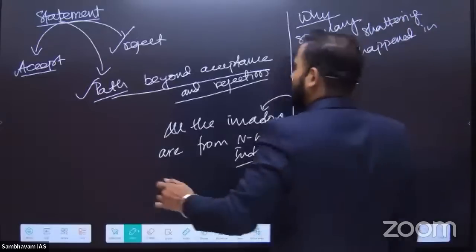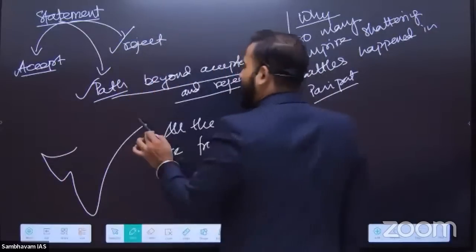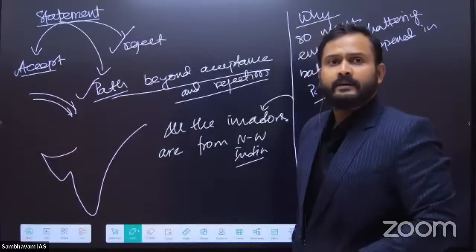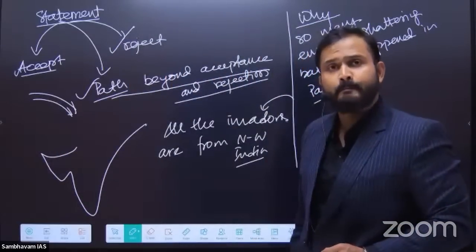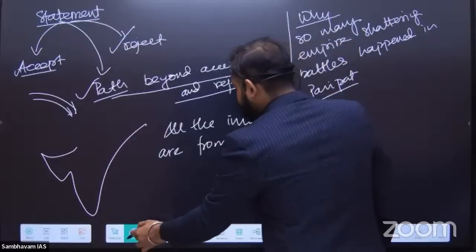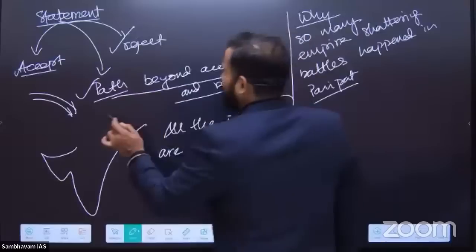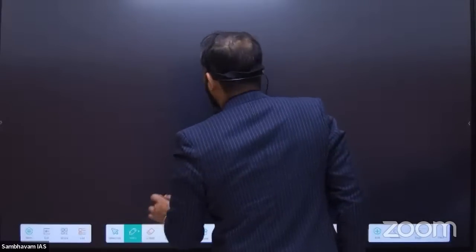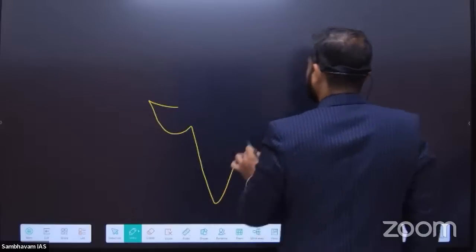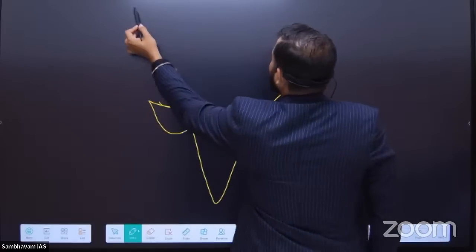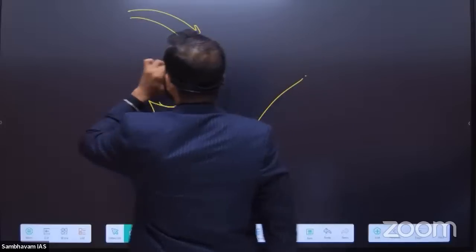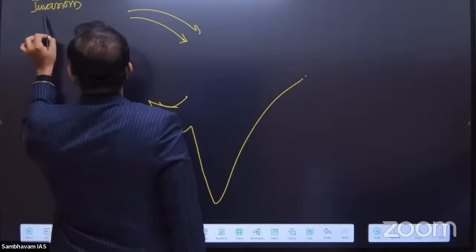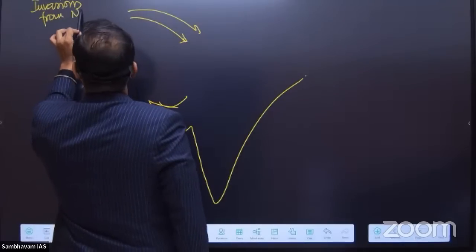Here, it will help you understand it with the help of a map. If all the invaders are from northwest, you have to understand the topography. For example, in the northwest, I'll use another slide for it. In the northwest, the attacks, invasions from northwest India.